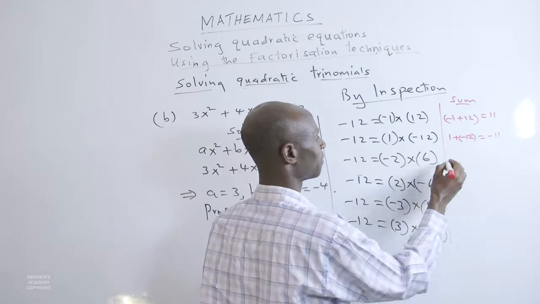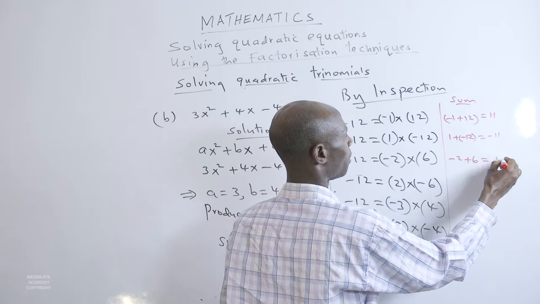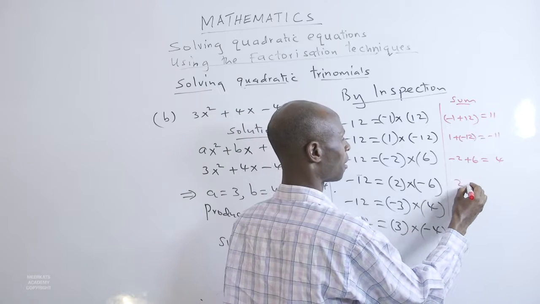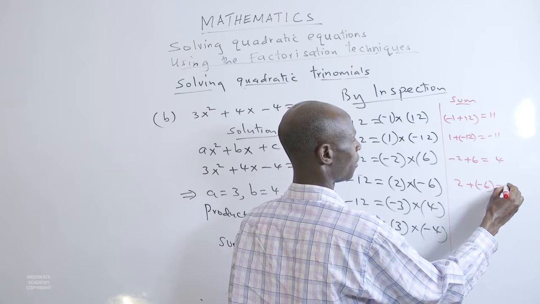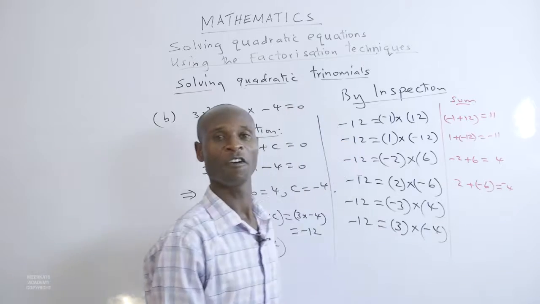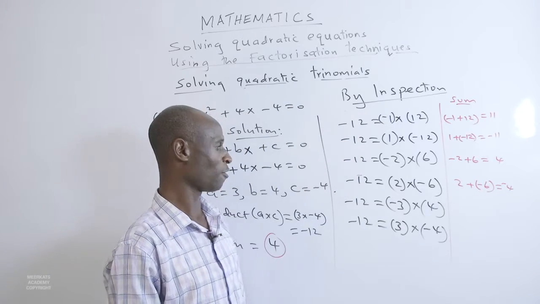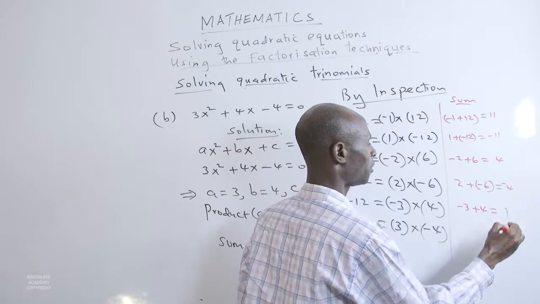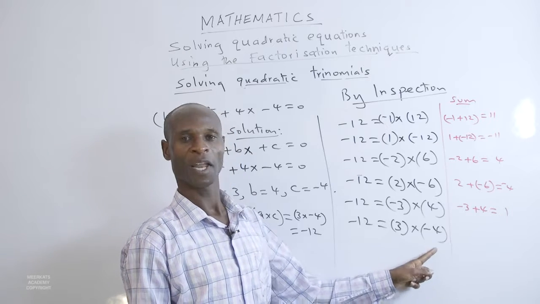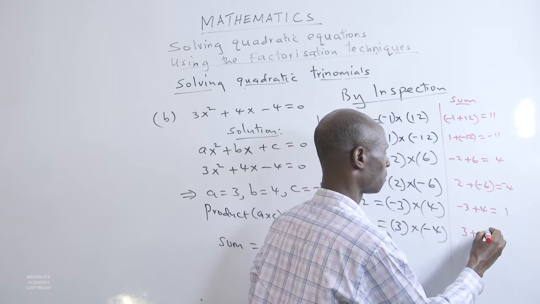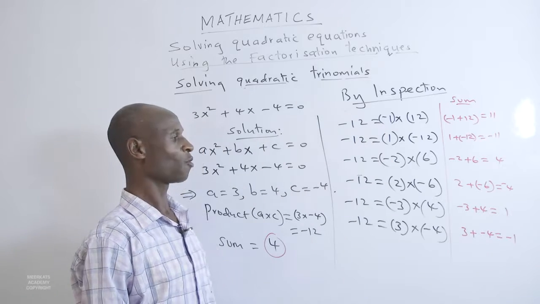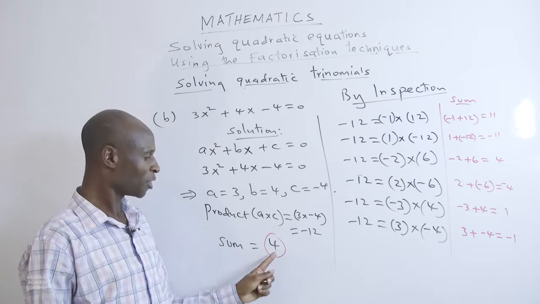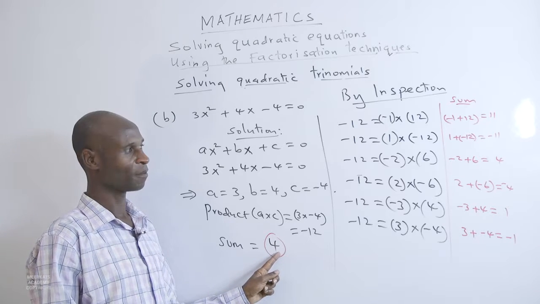Negative 2 plus 6 is 4. 2 plus negative 6 is negative 4, because 2 minus 6 is negative 4. Negative 3 plus 4 is positive 1. 3 plus negative 4 is negative 1. So out of that list, we identify a pair which is giving us the sum as 4.